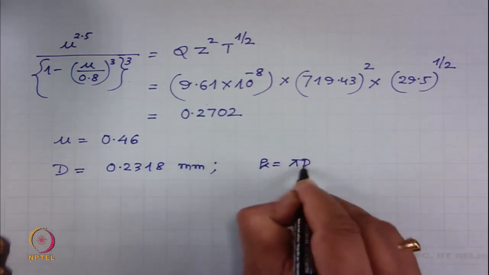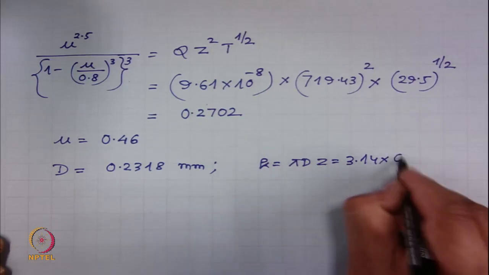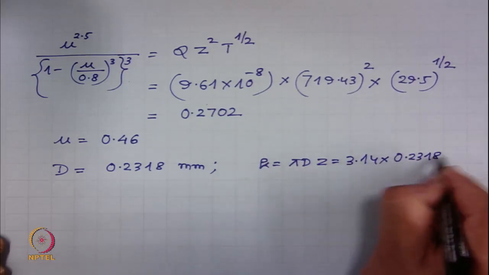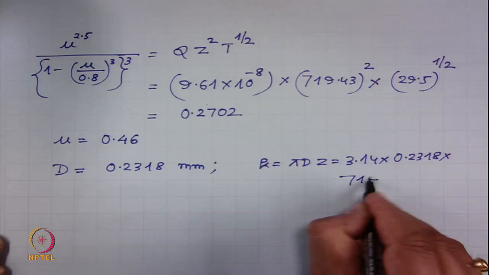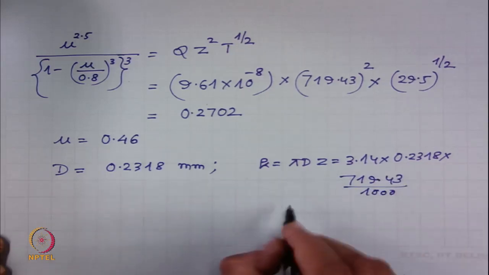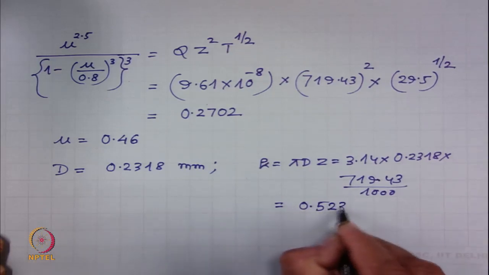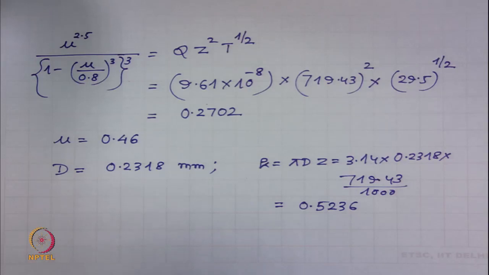Pi times d times Z. So, 3.14 into 0.2318 into Z, 719.43 meter inverse. So, this you will get 0.5236. This will be the value of kappa.